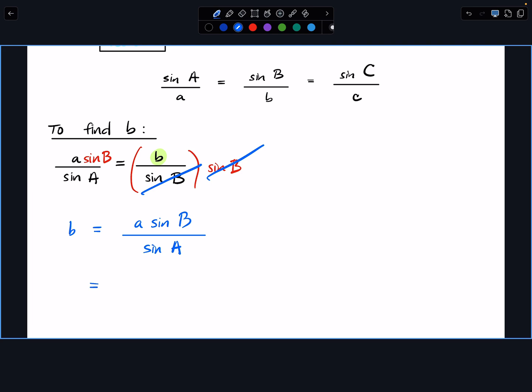What was a? Little a. So 4 times the sine of, what was big B? 60 degrees divided by the sine of what? 40 degrees? You must have a calculator.